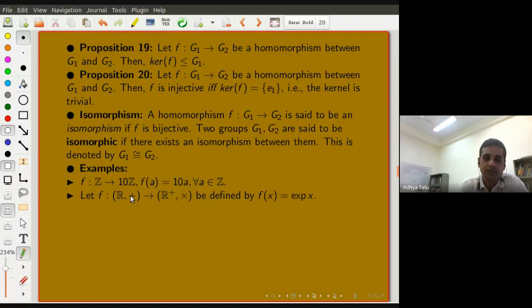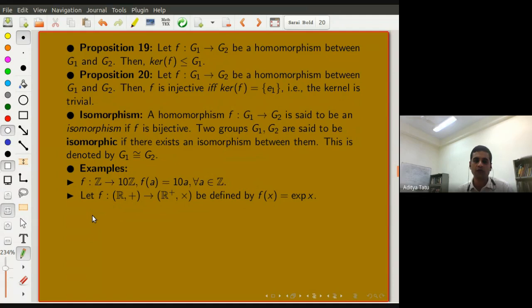Let's look at this example. Is this f bijective? It is already a homomorphism. We have seen it in some of the previous slides. Is it bijective? One way to show bijective, which implies two things, right? One to one and onto.